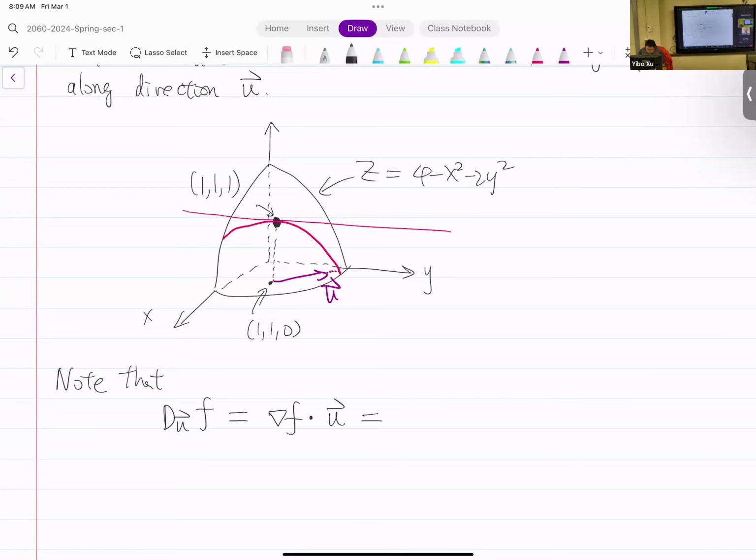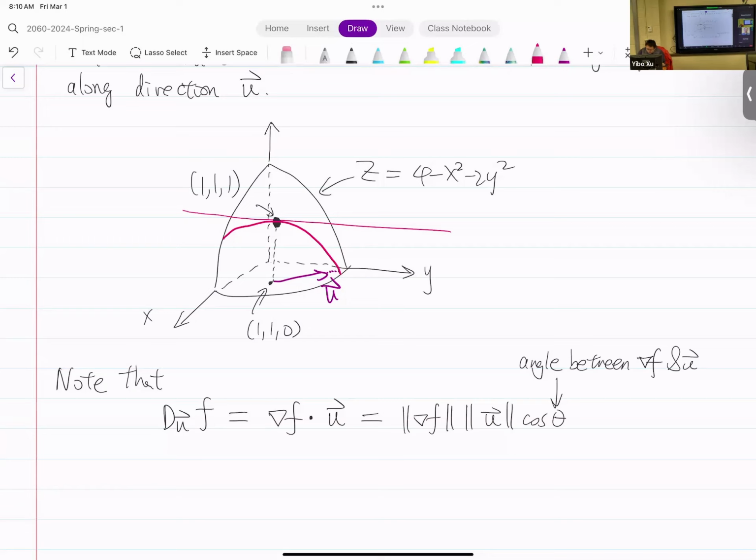So now think about this. You have a dot product, and this by definition equals the magnitude of the gradient multiplied by the magnitude of u multiplied by cosine theta, right? And what's theta? Theta is the angle between the gradient at the point and the unit vector u.